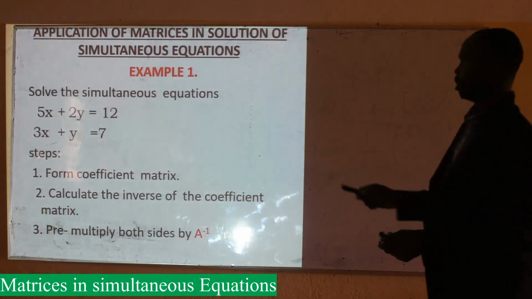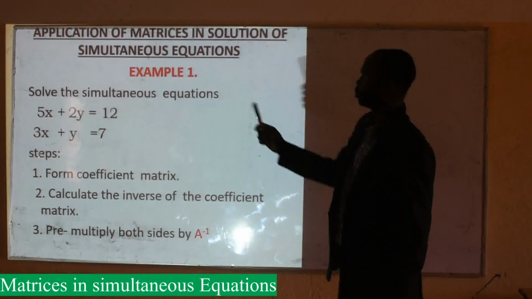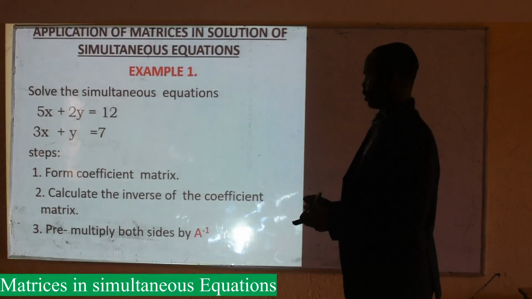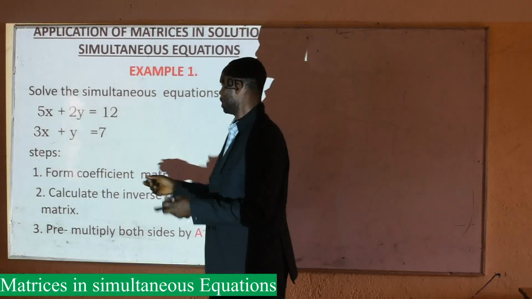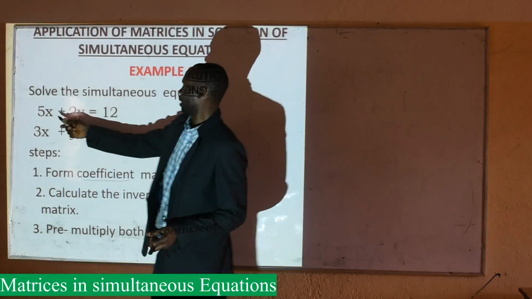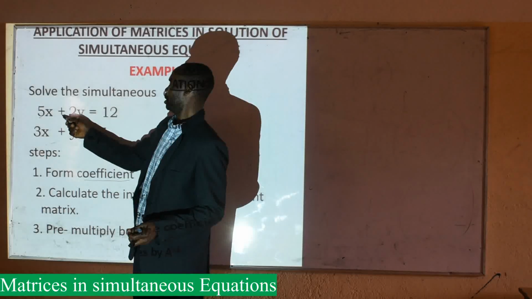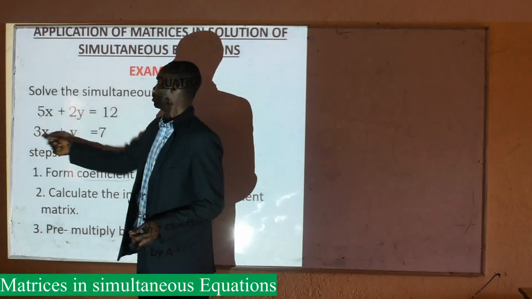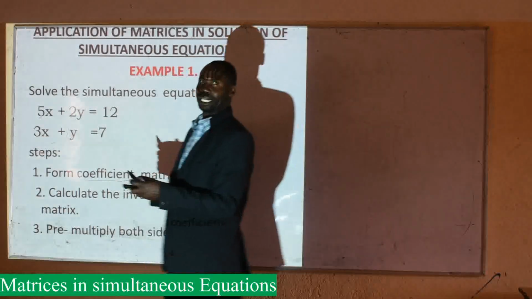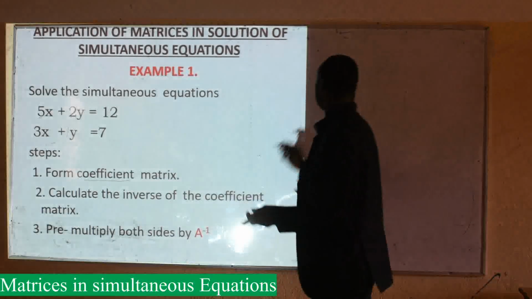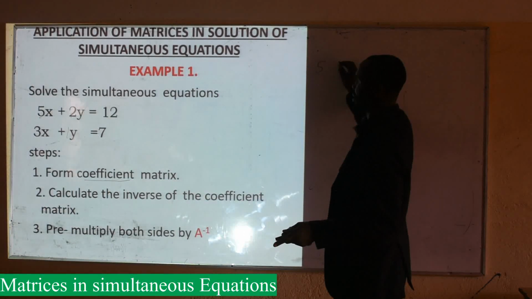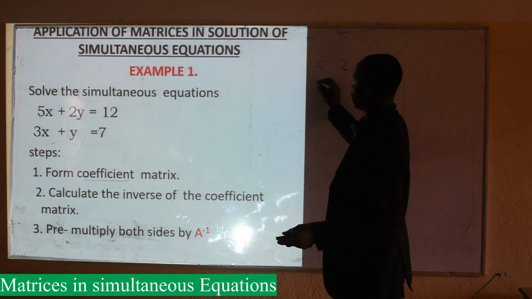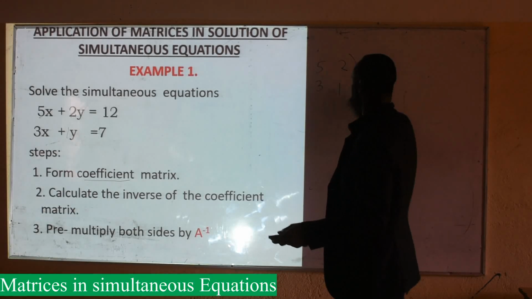How? One thing you need to do is to form a coefficient matrix. Formation of the coefficient matrix is none other than writing the numbers 5, 2, 3, and 1 like this.